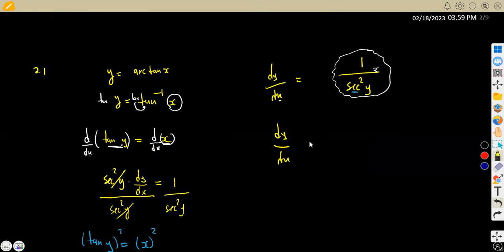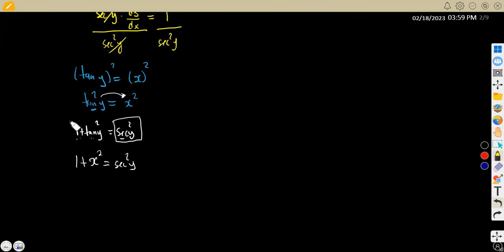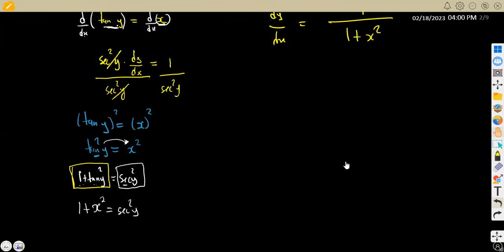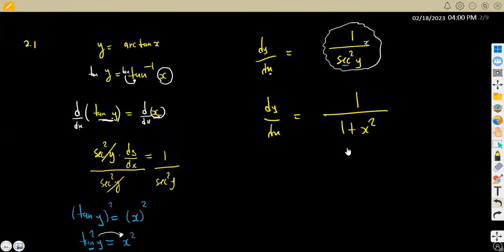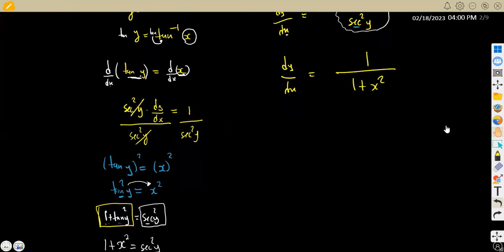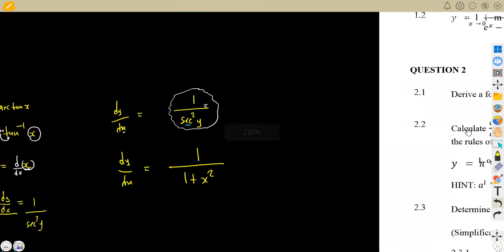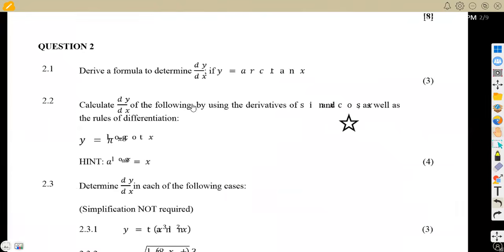So dy/dx is equivalent to 1 over 1 plus x squared. The x squared is taken from tan squared y, so that is the equivalent in terms of x. These were the stages needed to derive the formula, because you are given this formula in your formula sheet, but now they want you to derive where exactly it was taken from. So that was question 2.1.